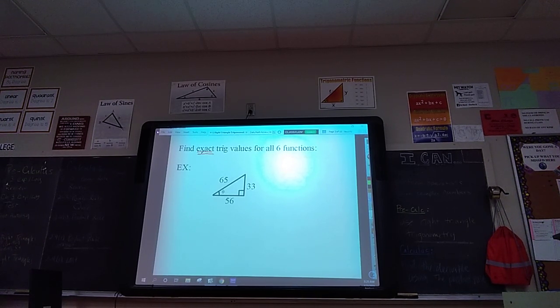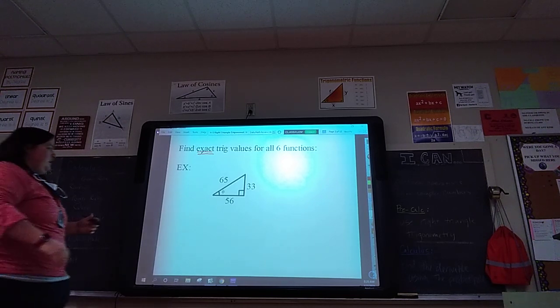Sometimes we're working with square roots because we end up having to use the Pythagorean theorem. If it's a square root that doesn't work out evenly, we leave it as a square root because that's more exact. Because if you leave it as the square root of 5, that's more exact than trying to get that decimal approximation. So the big thing to remember is the direction for these will always be find the exact trig values for all 6 functions. So we're going to leave them as fractions. If they're square roots, leave them as a square root. So you're just going to leave them as exact.